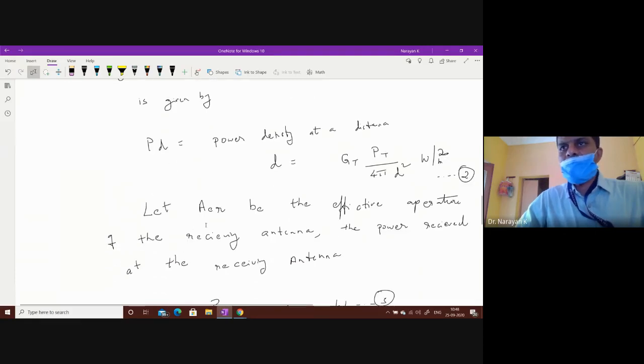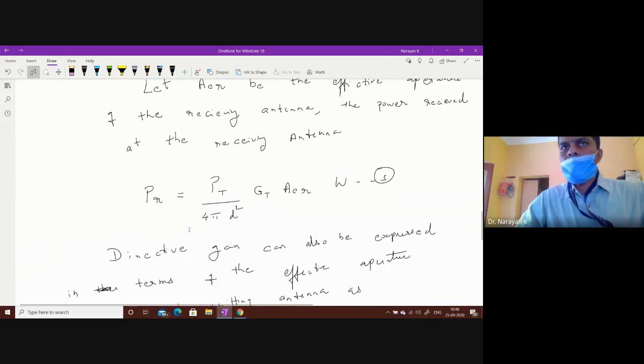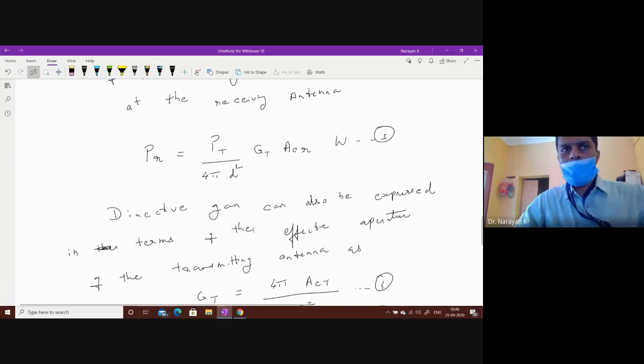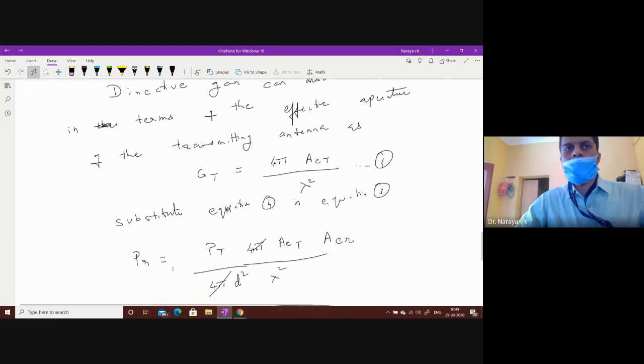Let AER be the effective aperture of the receiving antenna. The power received by the receiving antenna is given by PR equals PT divided by 4 pi d square into gain of the transmitting antenna into effective aperture of the receiving antenna. Directive gain can also be expressed in terms of effective aperture of the transmitting antenna, as GT equals 4 pi AET divided by the square of the wavelength.